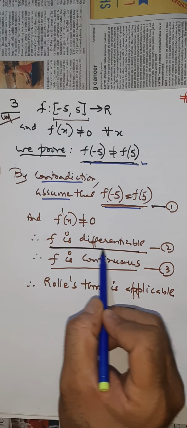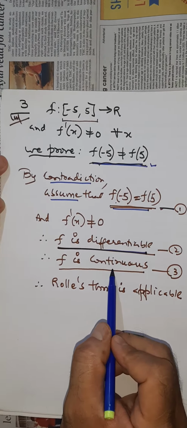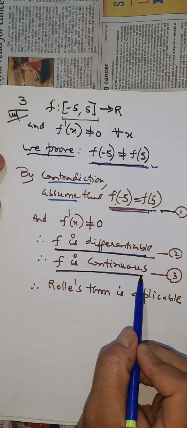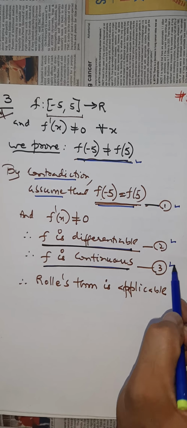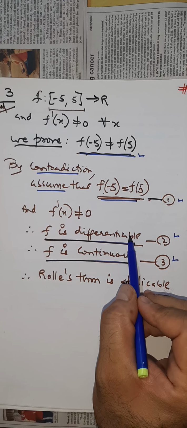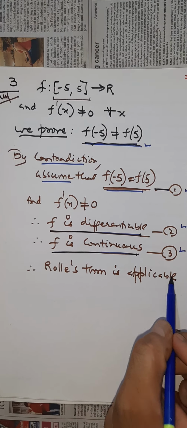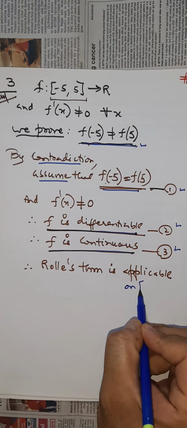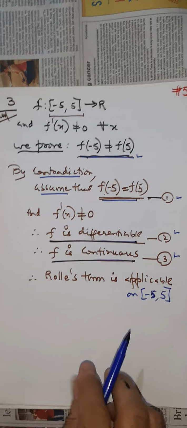That means the function is differentiable. If a function is differentiable, then it has to be continuous. So therefore f is continuous. So if we look at this 1, 2 and 3, the function is continuous, differentiable, and f of a equals f of b. Therefore Rolle's theorem is applicable on minus 5 to 5 for the function f.